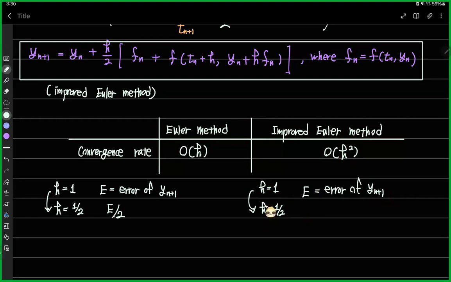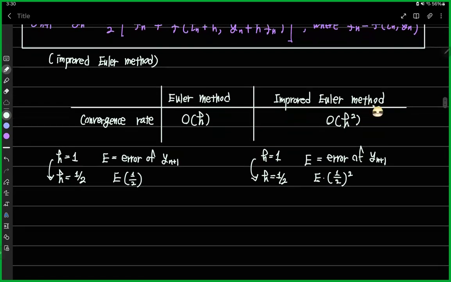With big O of h, we get E over 2. The error is decreased by half. But with the improved Euler method, big O of h squared, when h is decreased by 1/2, the error will be decreased by not half, but half squared. So we get E times 1/4, or 1/2 squared.